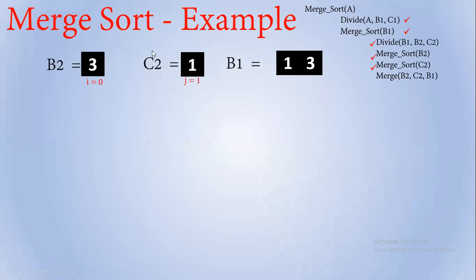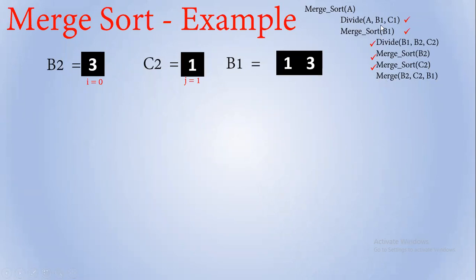So as the next step, when this is over, all of the elements will be added here. So there is only one element. So B1 will be set to 1 and 3. So now B1 is over. So this merge operation is over. So this merge sort B1 is also over.